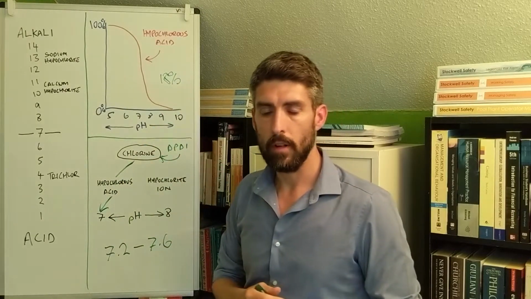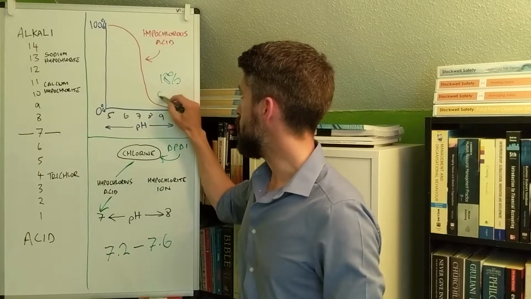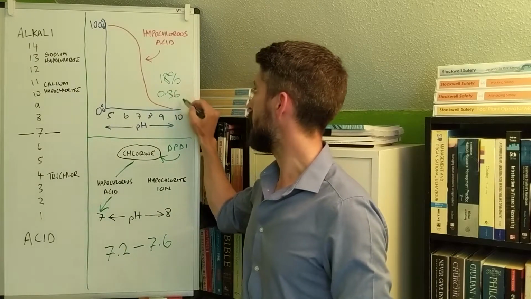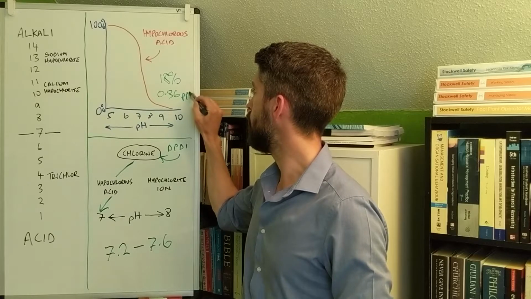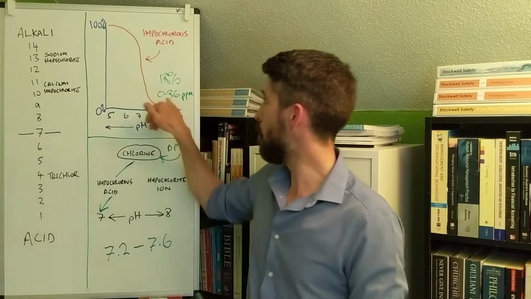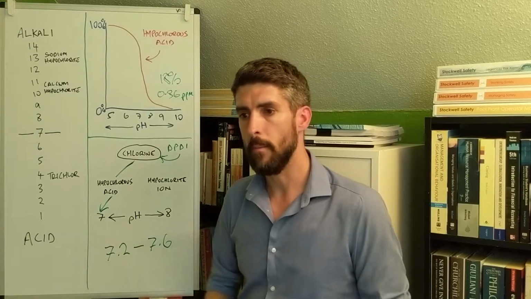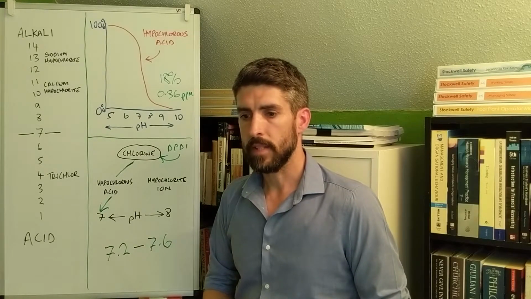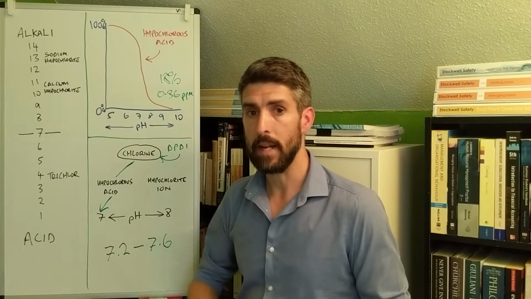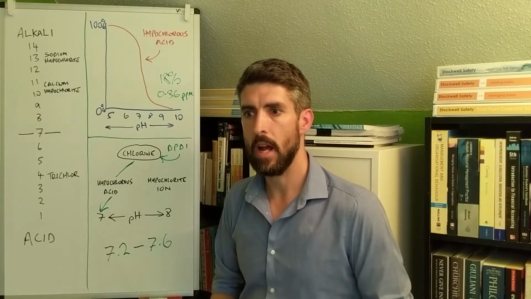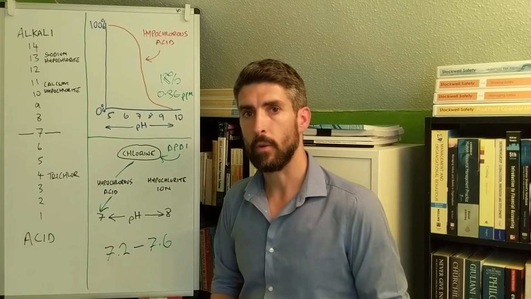18% of 2 is only 0.36 parts per million of chlorine, and at 0.36, that is far too low to have any sort of disinfecting ability against the levels of bacteria that you'd expect to find in a typical swimming pool.